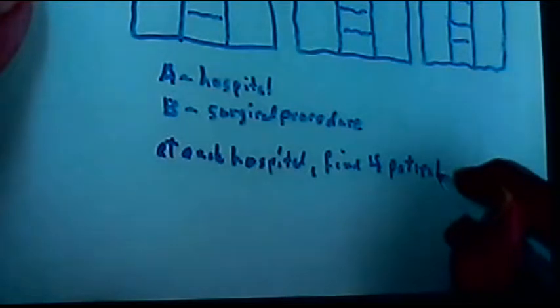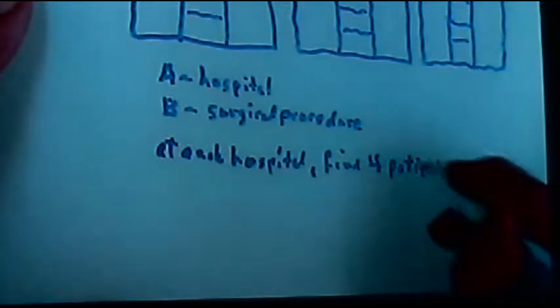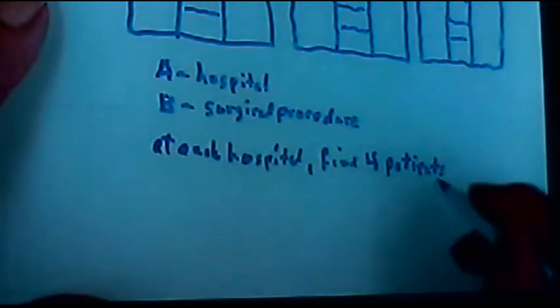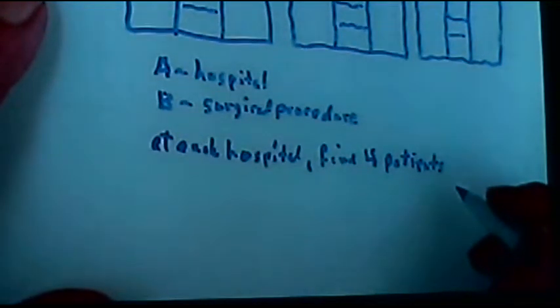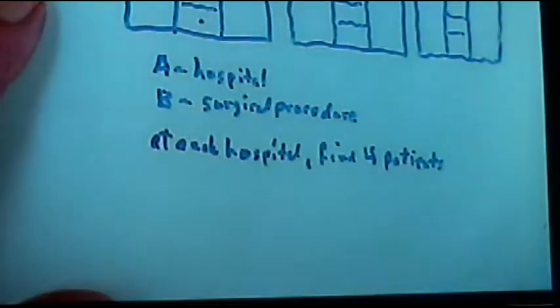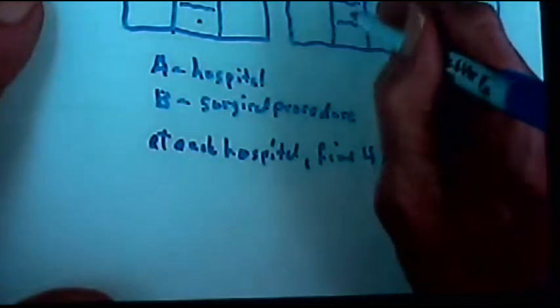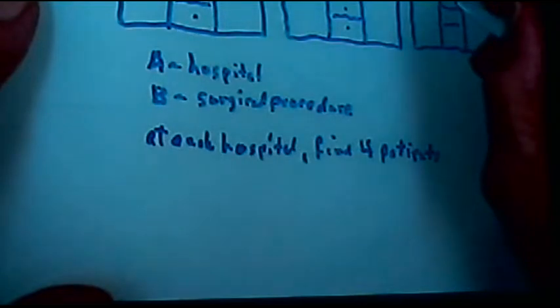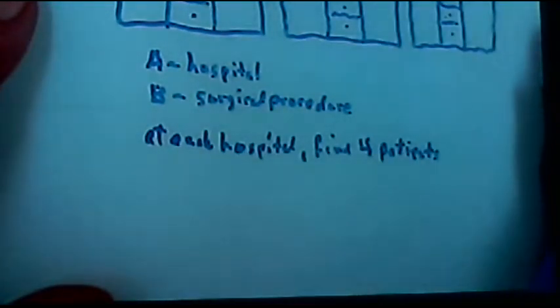You're not going to just grab somebody out in the hall and drag them over to the operating room. You find 4 patients that need this surgery at each hospital, and they're going to go there at random. 4 are over here, there at random, and 4 are here, there at random.